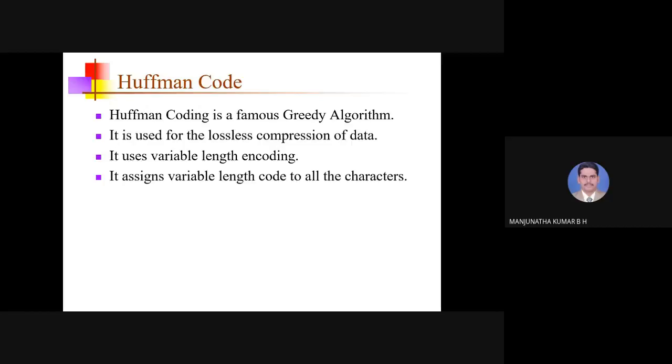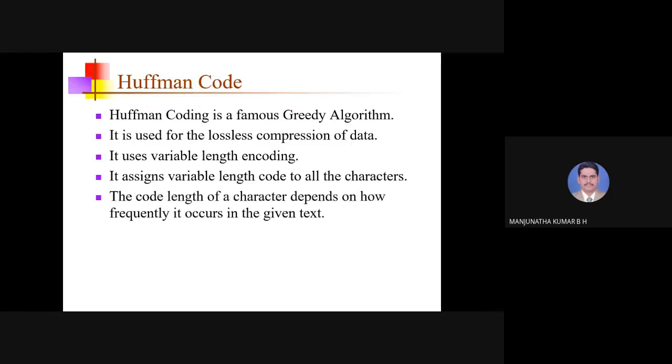It assigns variable length code to all the characters. The code length of a character depends on how frequently it occurs in the given text. This line will give you the solution to the issue I have discussed till now. The length of code of a character depends on how frequently that character occurs in the given text.